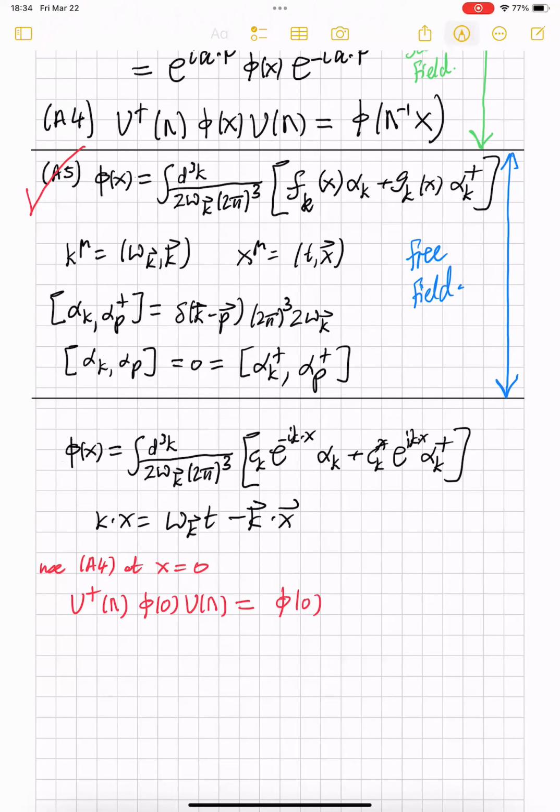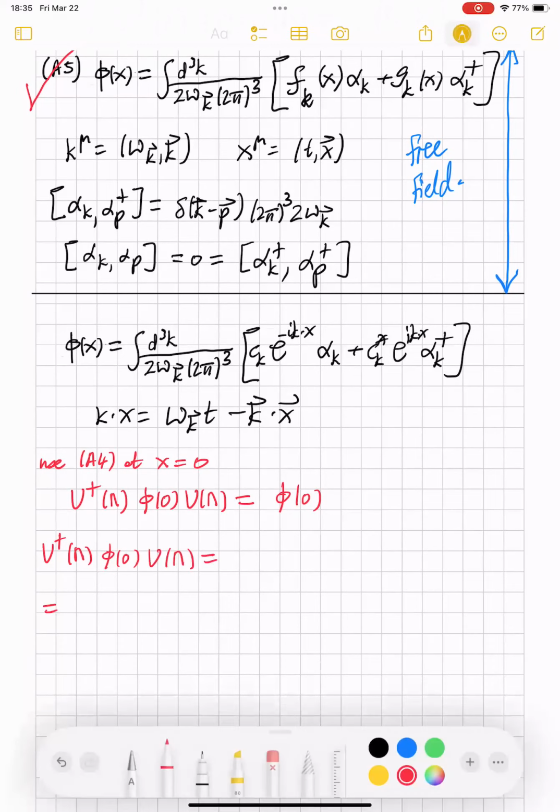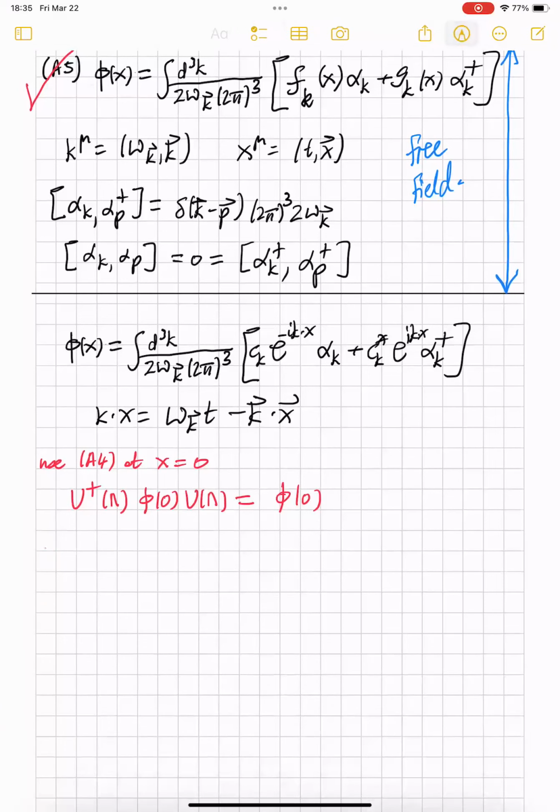As before, the u dagger and the u operators are going to be able to move through everything except for alpha k and alpha k dagger. Let me start off by simply writing down what phi of 0 is.